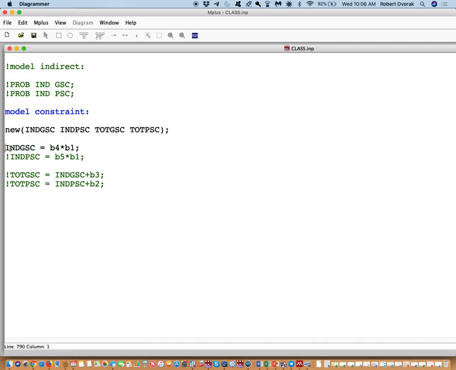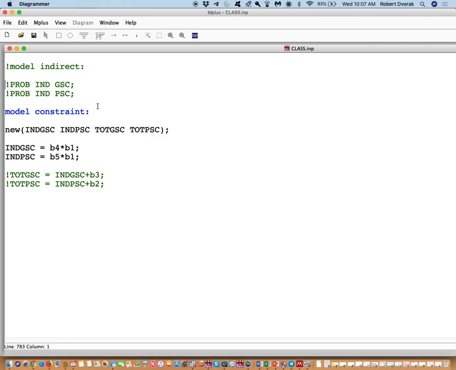We're going to go ind GSC, ind PSC. And this is the indirect effect from good self-control to alcohol problems. And that is multiplying 2 paths. It's multiplying the path from good self-control to alcohol use and the path from alcohol use to alcohol problems.